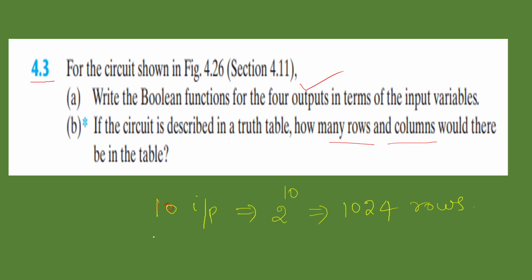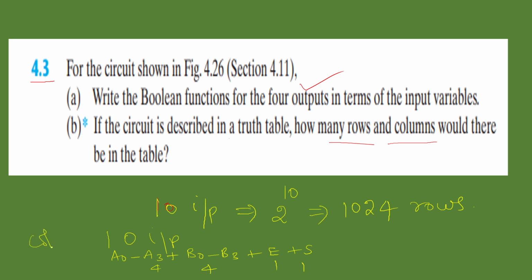And how many columns? Columns in the sense we have to represent the inputs as well as the outputs. So here we have 10 inputs. What are they? This A0 to A3 plus B0 to B3. So it is 4 plus 4. Already I have told you. Plus this enable plus this select, isn't it? So it is 1 1 2. So we have a total of 10 inputs. So that must be mentioned in the columns.